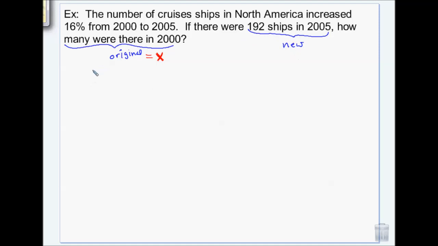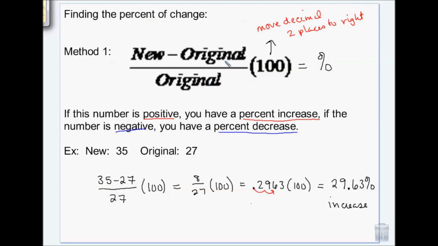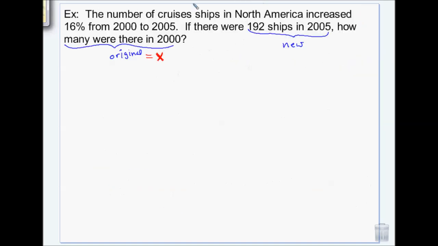So to solve this, we can either use the proportion, or we can use this formula. In any case, our original is X. So our change is going to be 192 minus X. Because we don't know the actual difference in the ships, right?